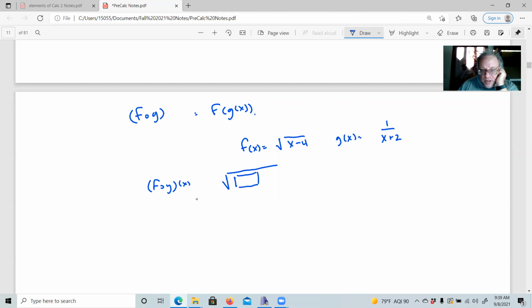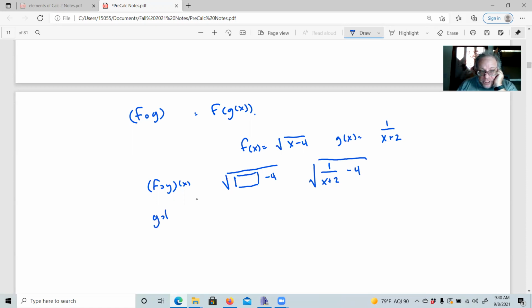We're going to take a number. From that number, we're going to subtract 4, and we're going to take the square root. Which number would you like to subtract 4 from? Well, g. Okay. So this is going to be the square root of 1 over x plus 2 minus 4. And that's what f circle g is.